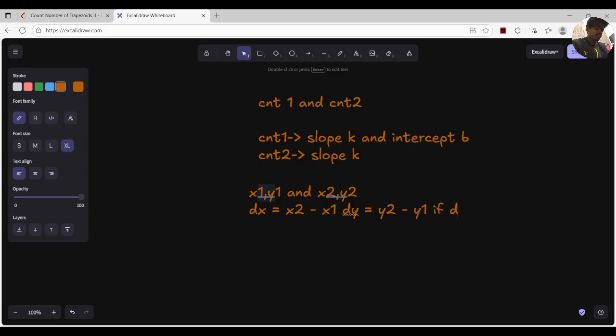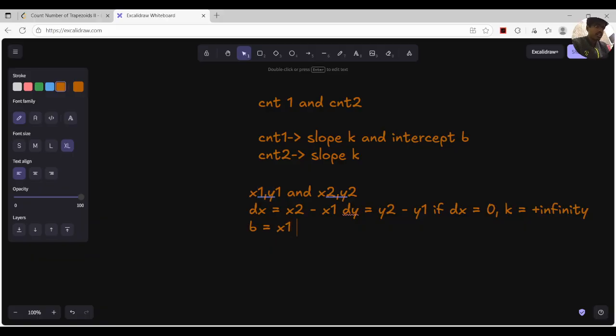If dx is equal to 0, it means the two points are on the same vertical line, and the slope k is plus infinity and the intercept b is x1.